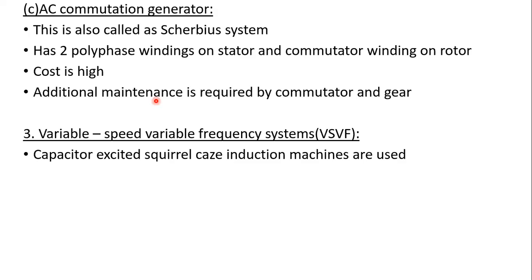This system is also known as the Scherbius system. It employs two polyphase windings in the stator, and in the rotor, a commutator winding. The basic problem in employing this device is that wind energy conversion is costlier and additional maintenance is required for the commutator and brush gear.